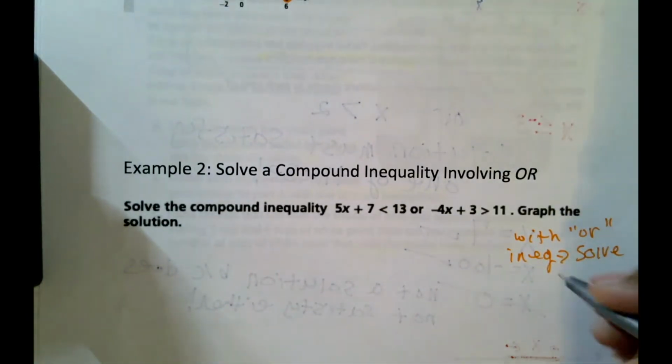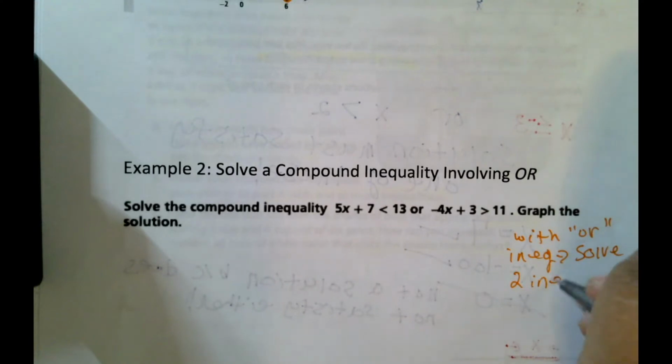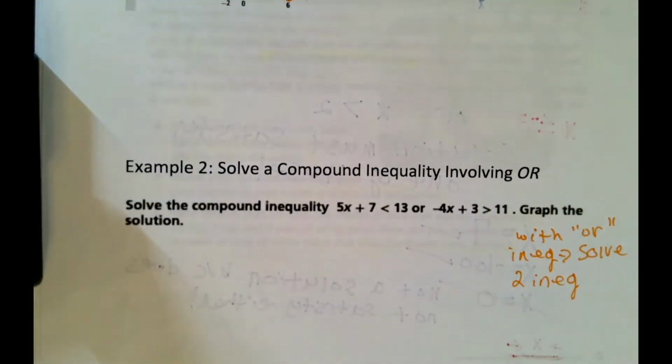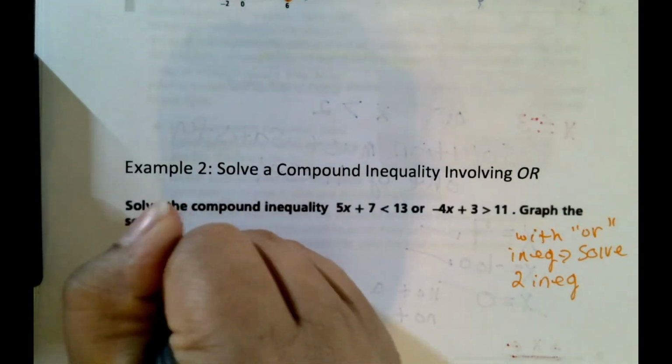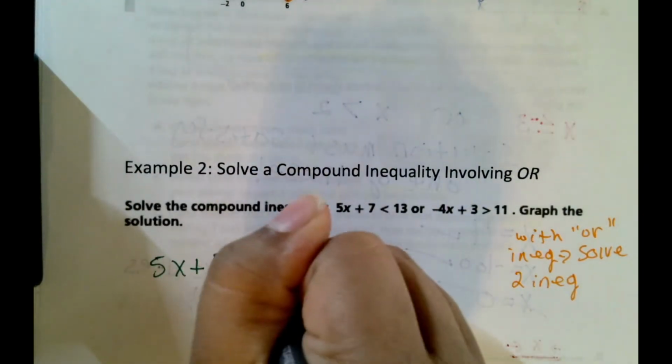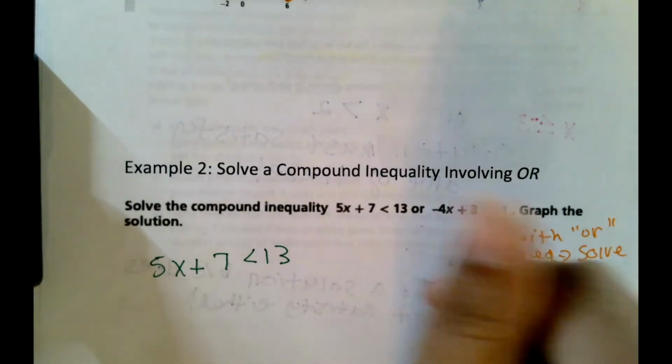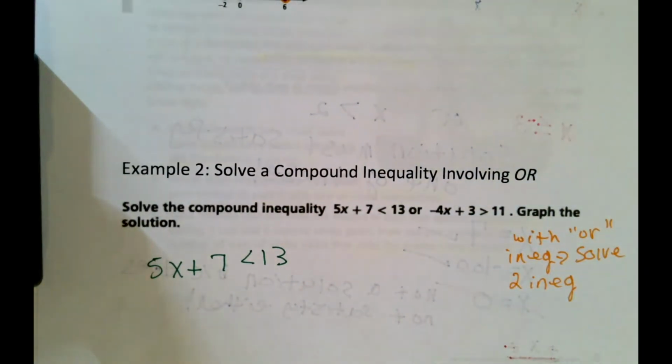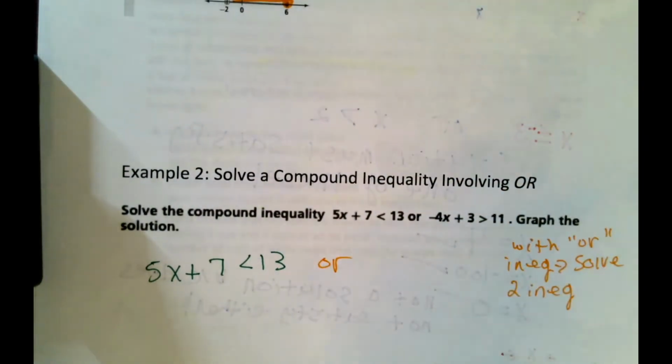Let's do it. Well, it gives you 5x plus 7 is less than 13. So we're going to write that here. Or it tells you negative 4x plus 3 is greater than 11.